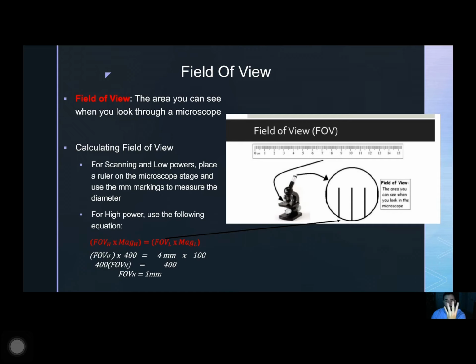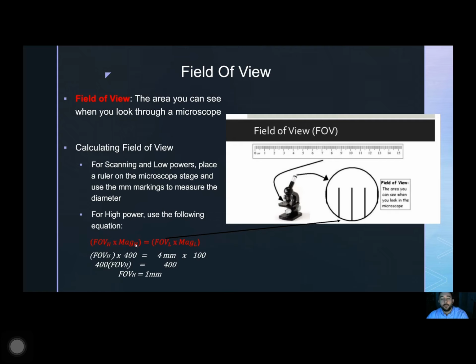If here's my 4 lines, and I'm on scanning power, I can see all 4 lines. If I were to zoom in like this and get closer, I could maybe only see 2 of them, right? Then if I were to zoom in one more time to high power, I would be looking right in between 2 of those tick marks. And since I can't see any tick marks, I can't measure it anymore.